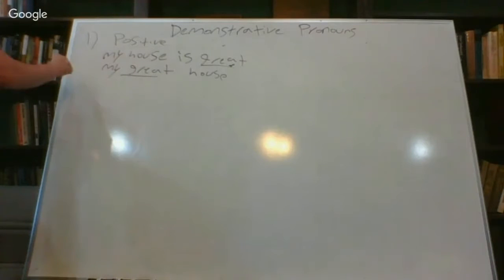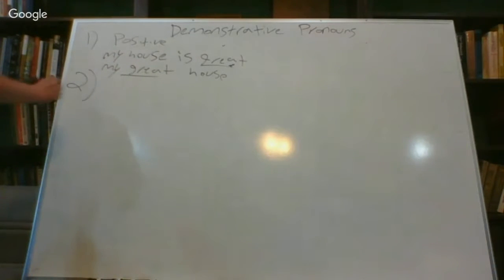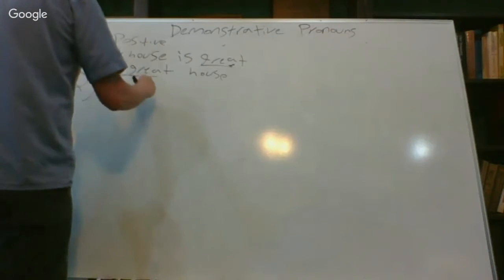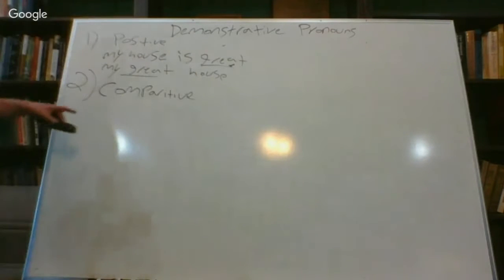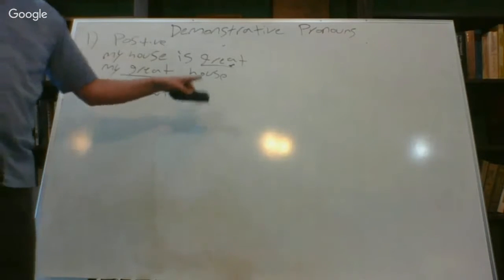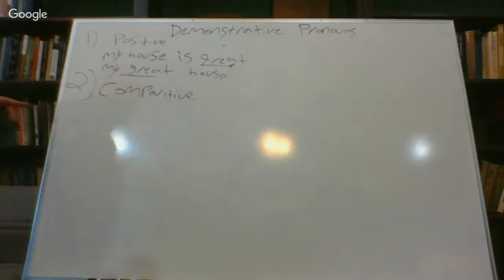Now, I'm going to start to sound a little bit arrogant here, but the next one is the comparative. We could say that we're comparing two things here. So just one thing here. Now I'm going to be comparing one thing to another.